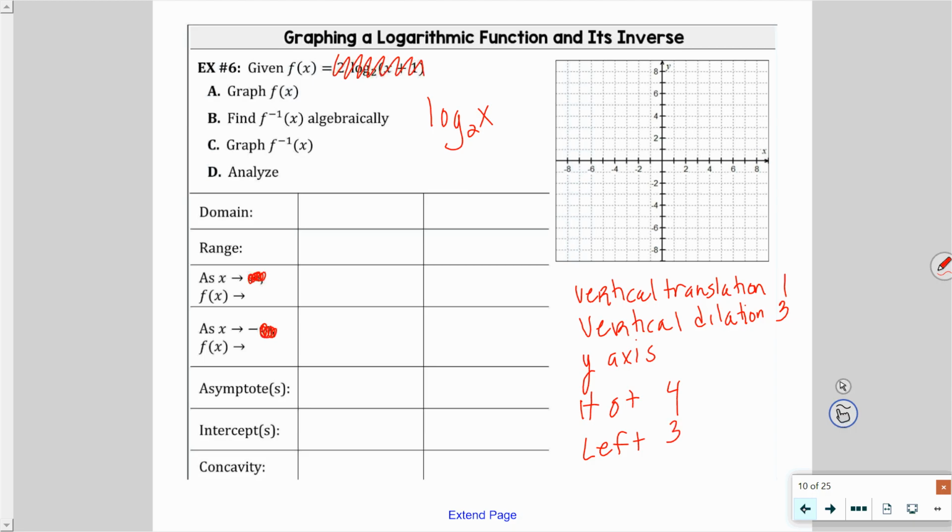Okay, so I want you to write a new function, right? Write a new function and then analyze that function. No help here. Write it and then analyze it.